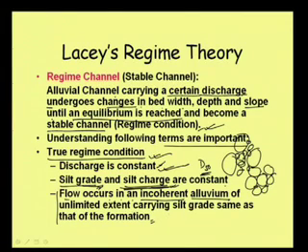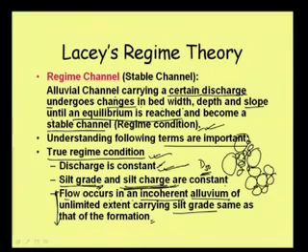What this sentence means is that to have true regime condition, our channel should be of infinite extent, that means an infinite extent of incoherent alluvium is there, and our channel is moving through it, carrying silt grade same as that of the formation.